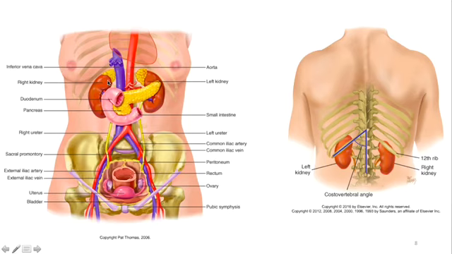Important with the kidneys, because I think a lot of people think their kidneys are in a different spot, but they are actually a little higher and more posterior than a lot of people think. So there's a lot of stuff going on right here. So if your patient has mid-abdominal pain or mid-back pain, it can be really hard to figure out what's going on. Here's your inferior vena cava, your aorta, left ureter.